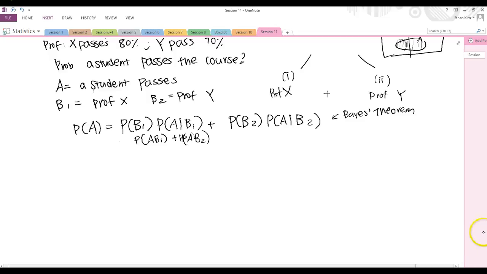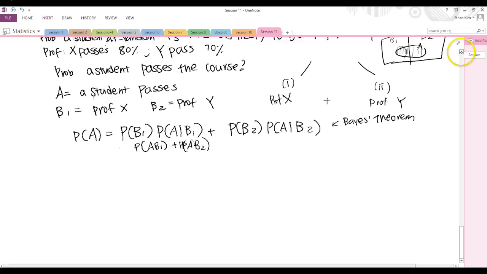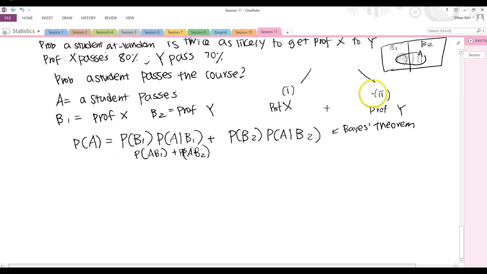Let's further discuss this. What is the probability of a student having Professor X, which is the probability of B1? It says the student at random is twice as likely to have Professor X as Y. So the probability of B1 is twice the probability of B2, and they both have to add up to 1.